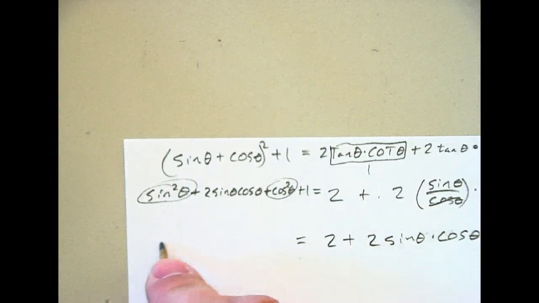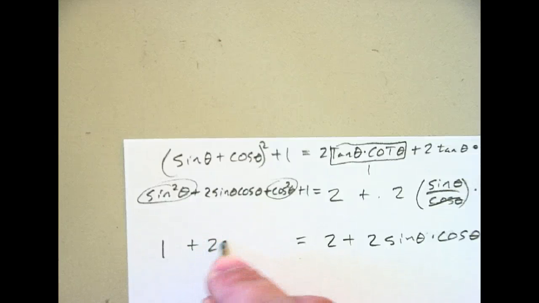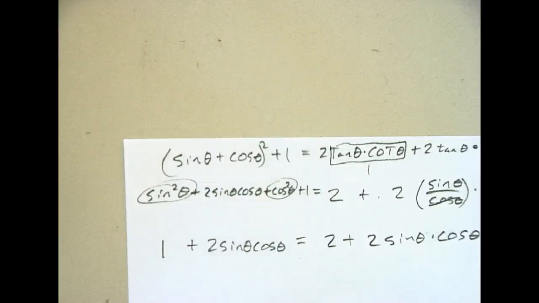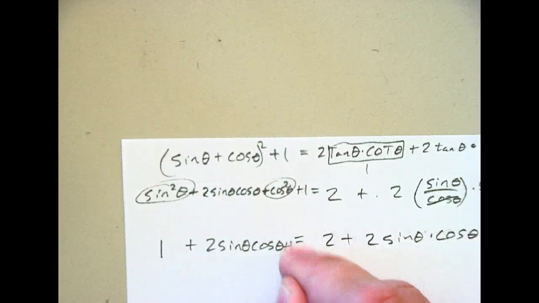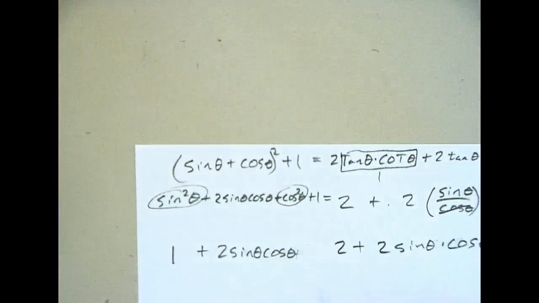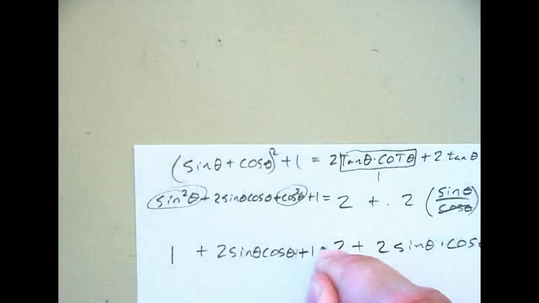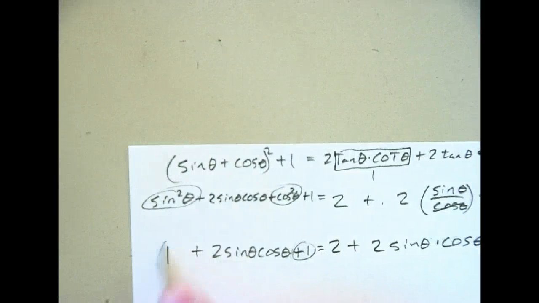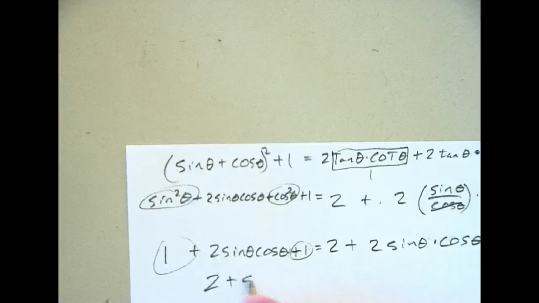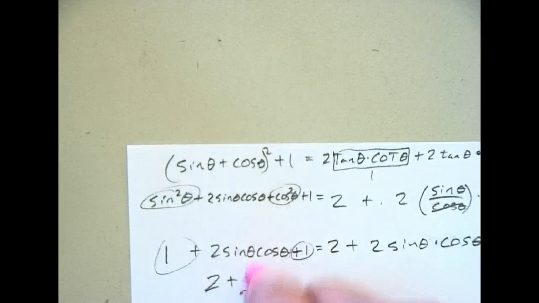It's a Pythagorean identity, so I get 1 plus 2 sine theta cos theta plus 1, and then 1 plus 1 is that 2 there. So 2 plus 2 sine theta cos theta, and we're good.